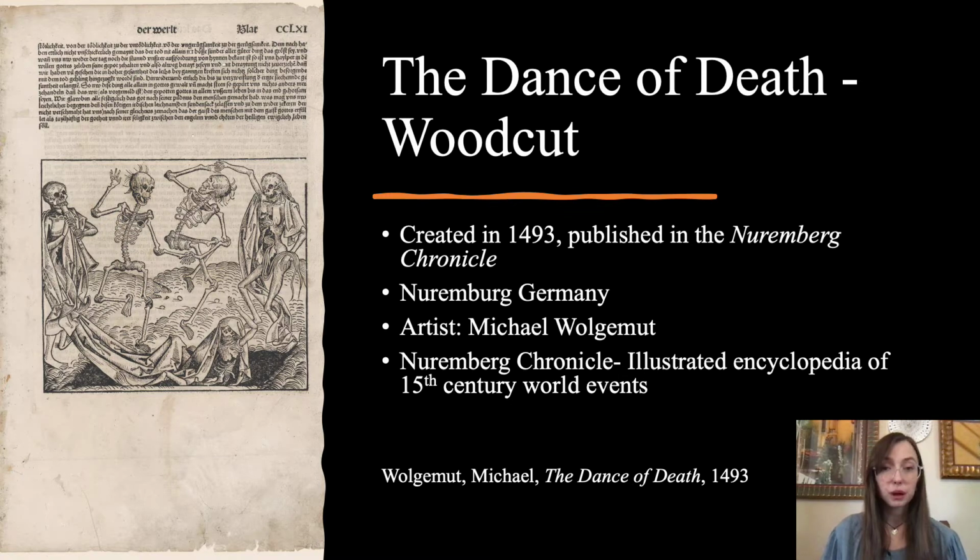The chronicle that it was published in was an illustrated encyclopedia of 15th century world events, often with a biblical emphasis. And certainly the Black Death would have been a very important thing to note in that chronicle, as it is in this illustration.